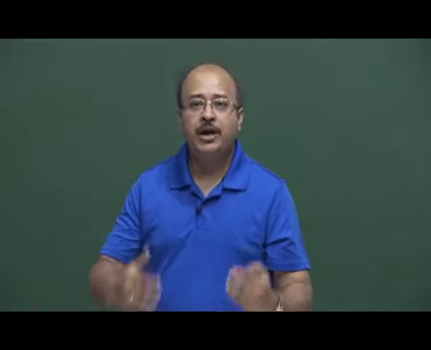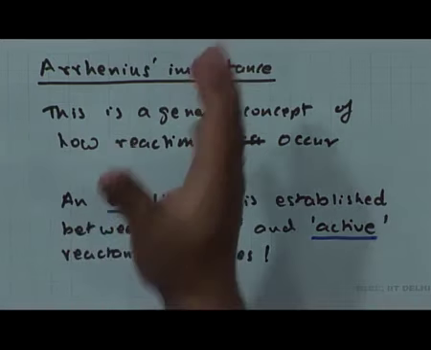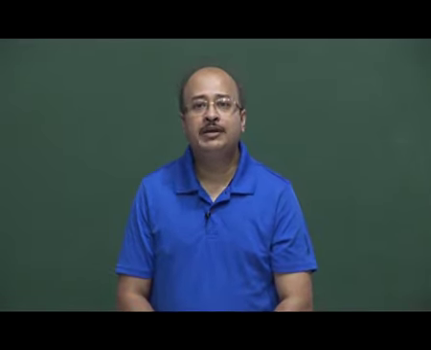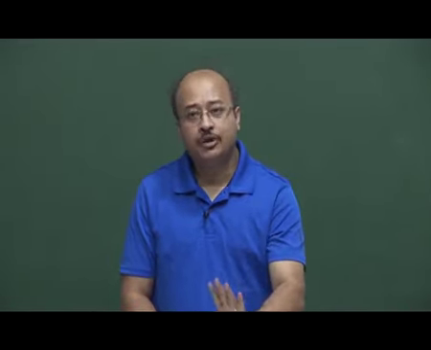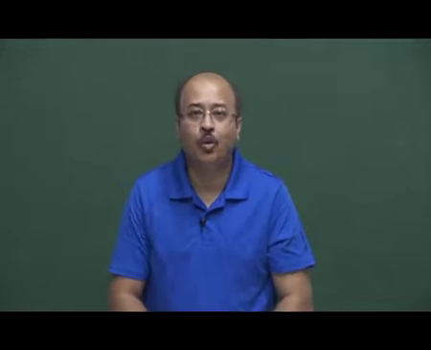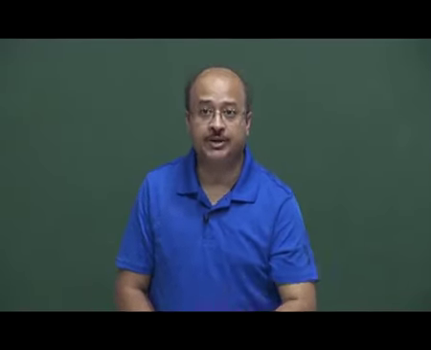Now, just merely by these two words, normal and active, you understand that he is creating a difference between the types of molecules which are present in your reaction vessel where you are carrying out the reaction. Normal reactant molecules means they are normal out there. Active reactant molecules, by the word active, means they are more active towards a certain reaction.